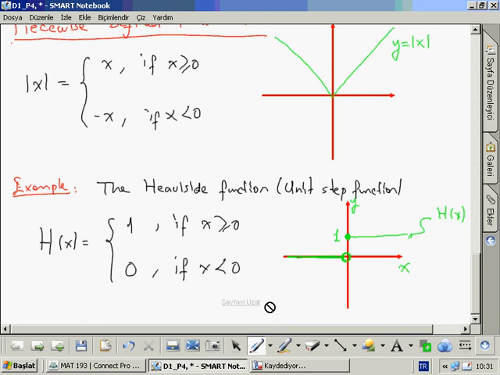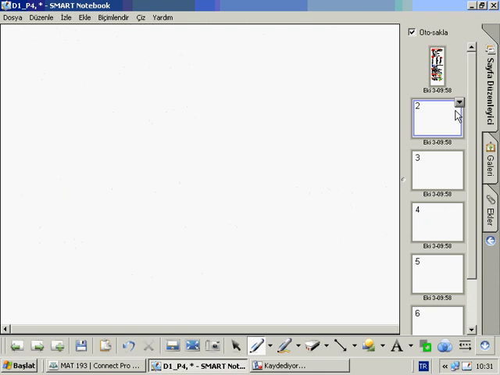Okay, and let me continue with the least integer function.